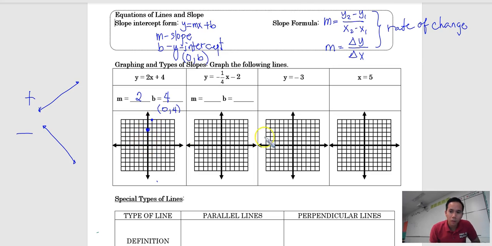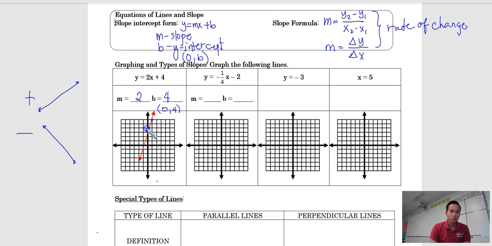So let's just connect this one. I'm going to connect the line here. So that's the line. This is the graph of the line with the equation y = 2x + 4.